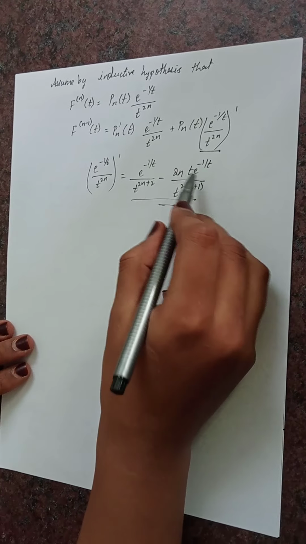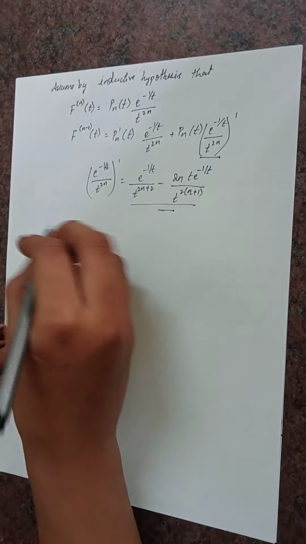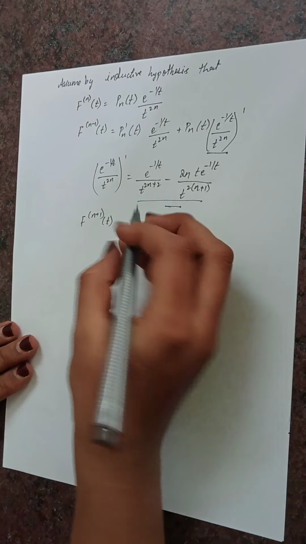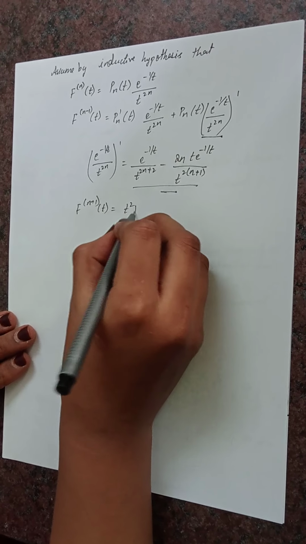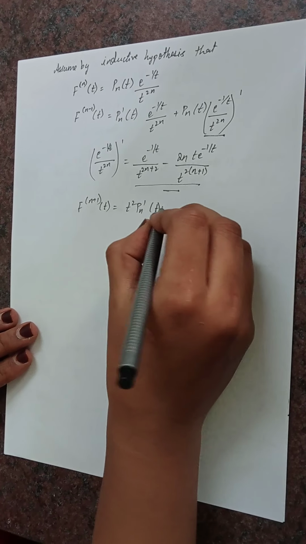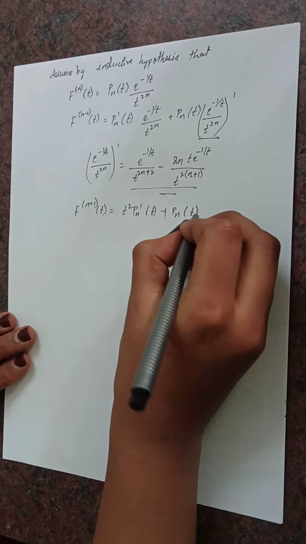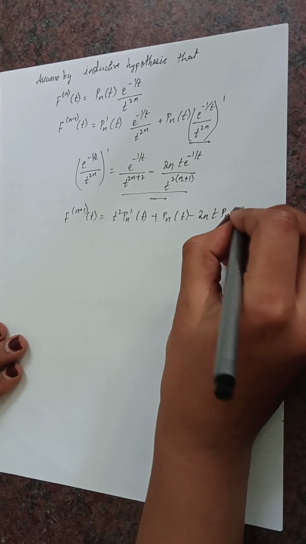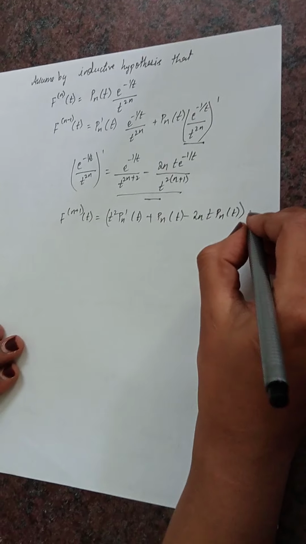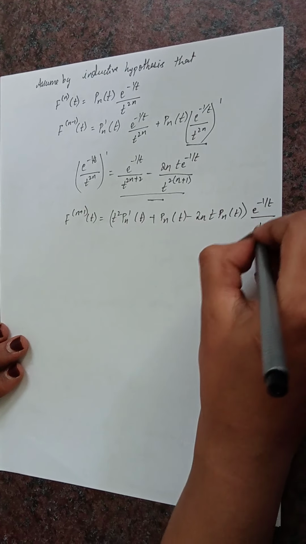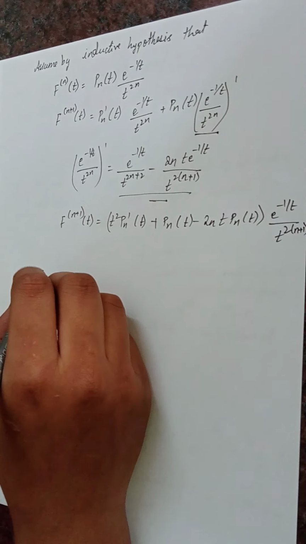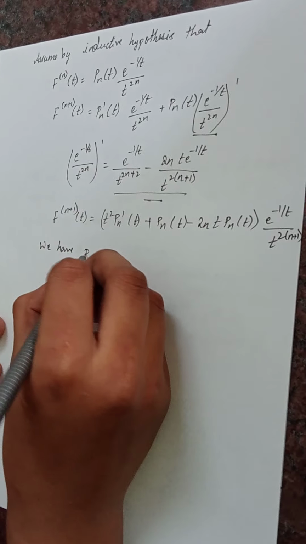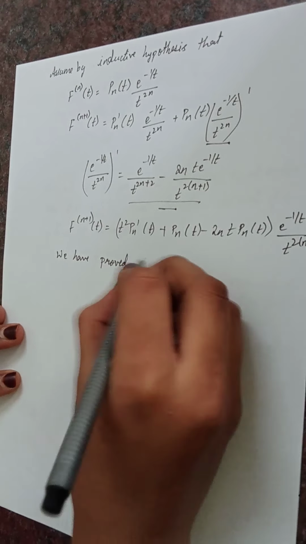Let me substitute this and write the simplified form of the n plus 1 derivative of f. That will give us t square pn prime of t plus pn of t minus 2n t pn of t, into e power minus 1 by t divided by t square. Now we have proved the claim by induction.